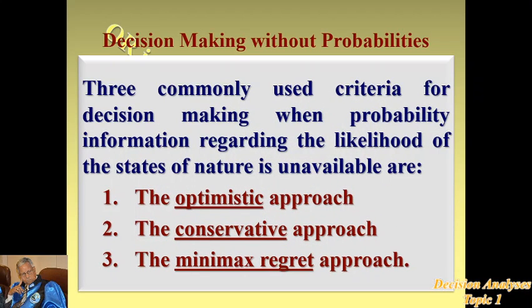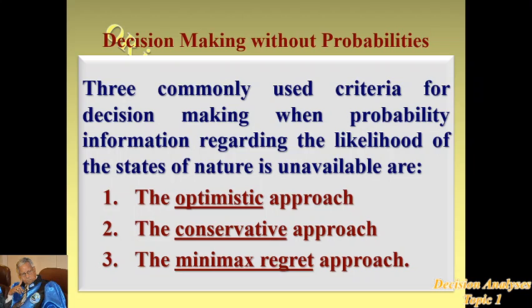Three commonly used criteria for decision making will be used when probability information regarding the likelihood of the states of nature is unavailable.